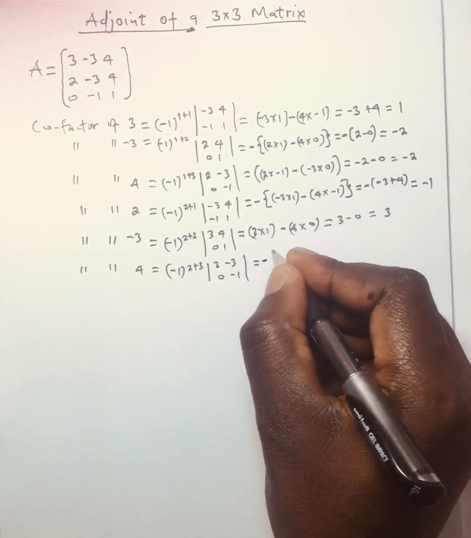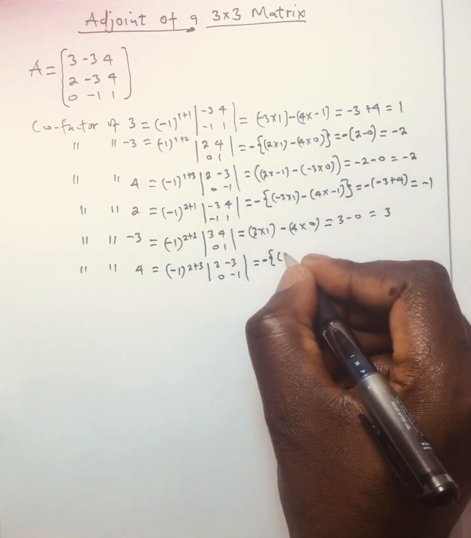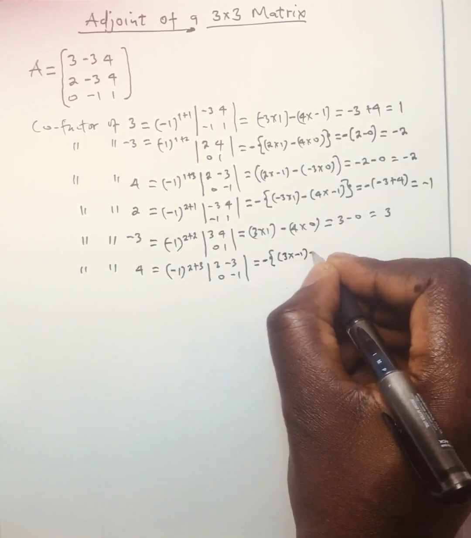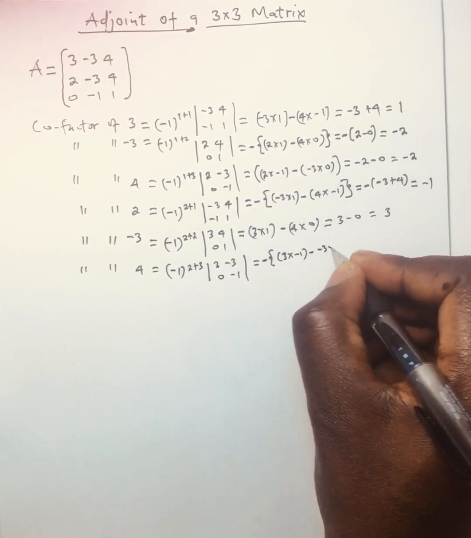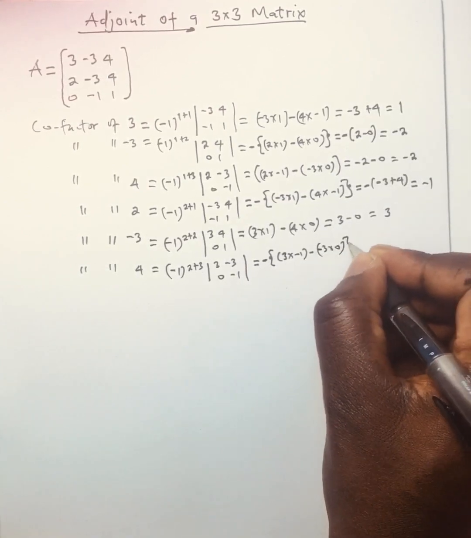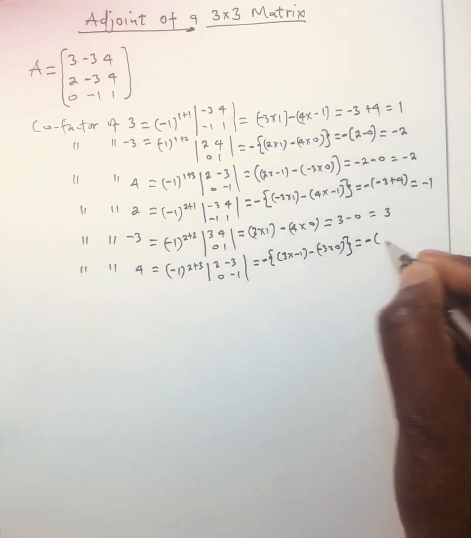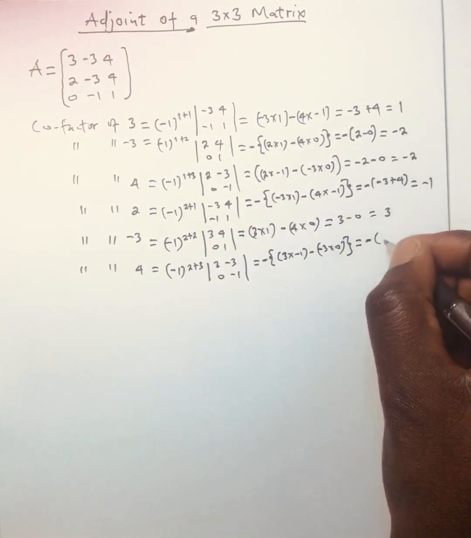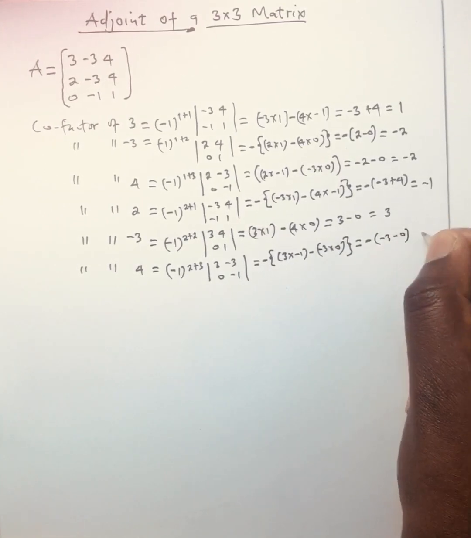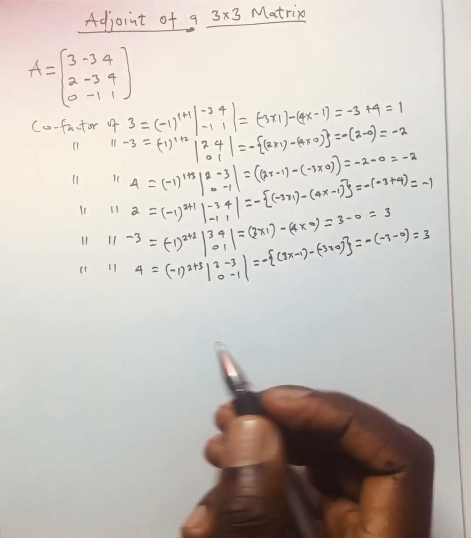So we have a negative, then the determinant 3 times negative 1 minus negative 3 times 0, which is negative 3 minus 0. Negative times negative is positive 3.